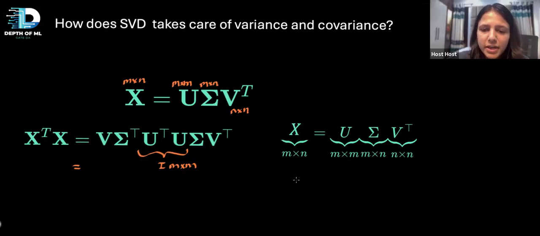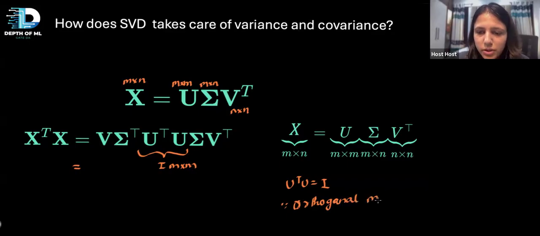Why is this identity? U transpose U is equal to identity because they are orthogonal matrices, right? U is an orthogonal matrix, hence we can write it to be I, right?